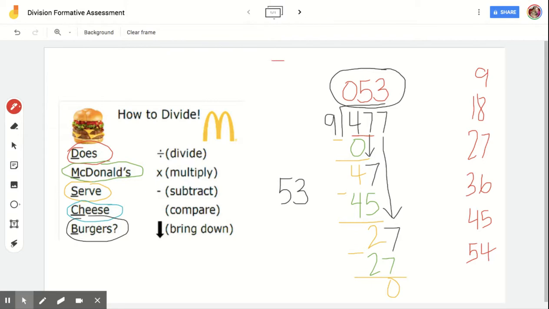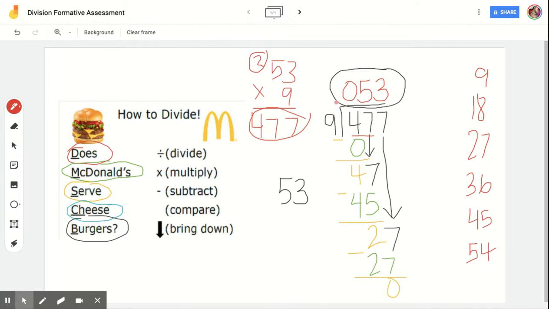So I'm going to do 53 times 9 and see if it gives me 477. 9 times 3 is 27. 9 times 5 is 45, plus 2 more, 47. So when I checked it, I got the number that we started with, our total. And so that tells me that my answer is correct.